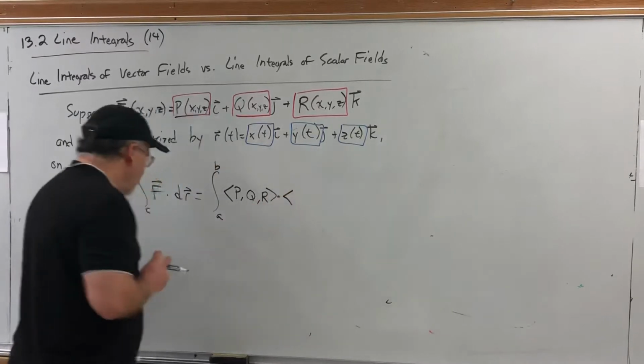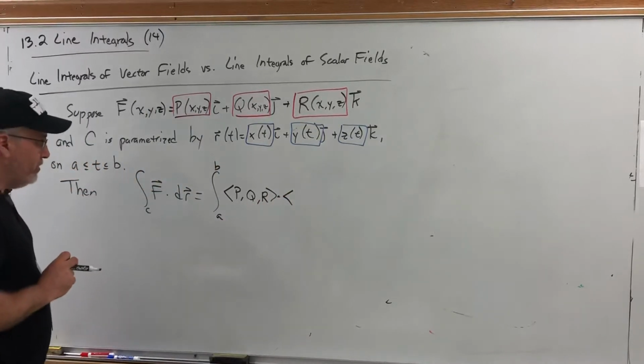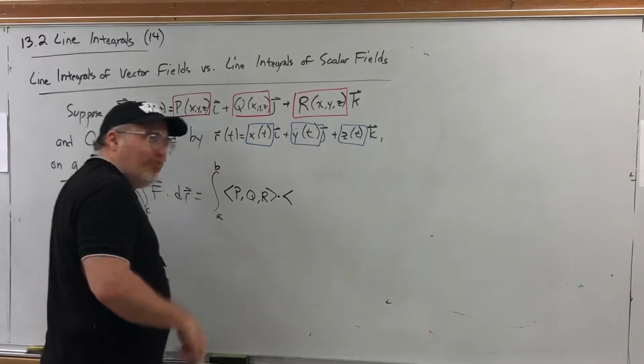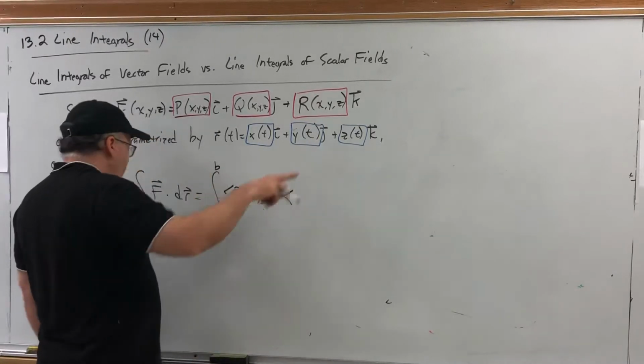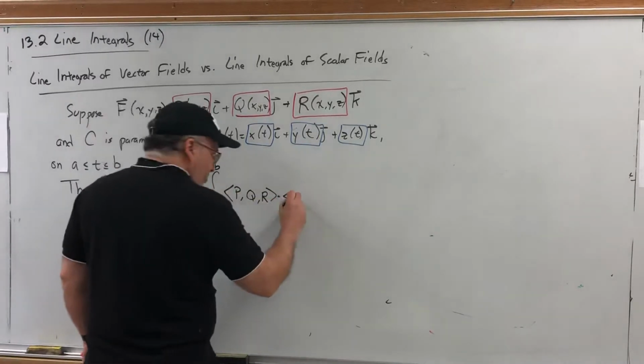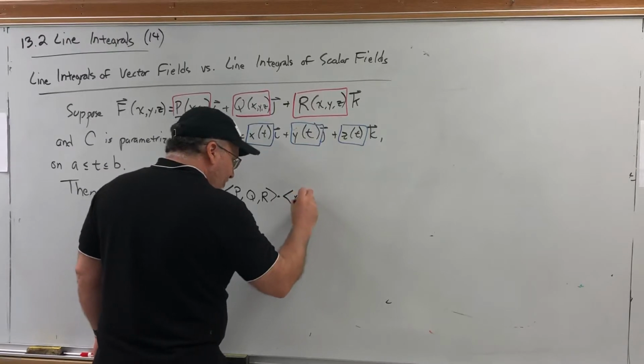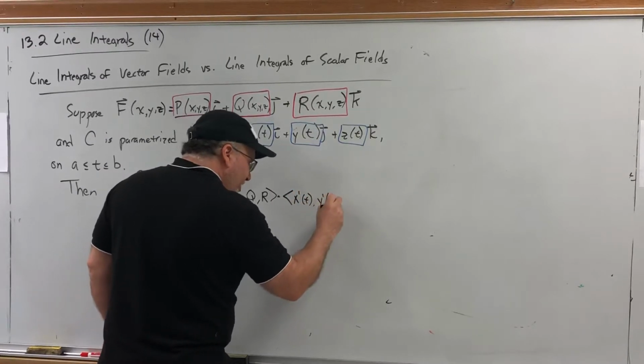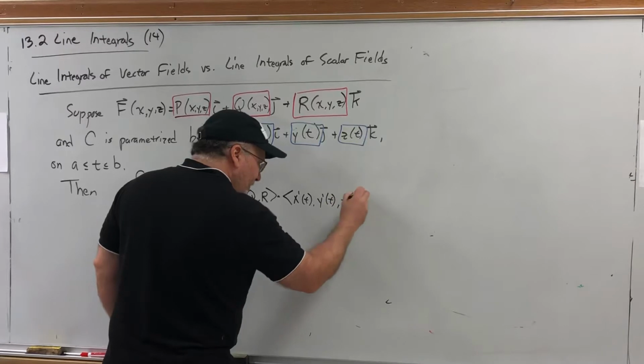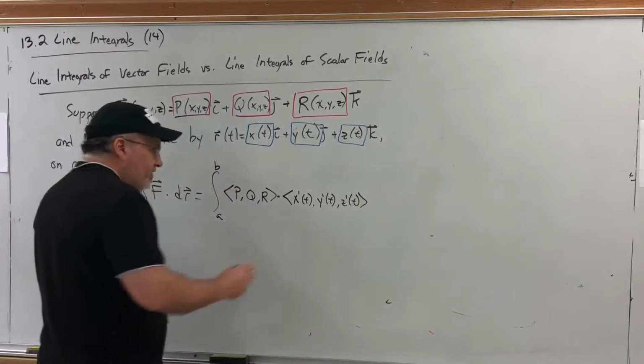Dot, the derivative of the position function. Again, using the pointy parentheses notation, the derivative of the position function is just <x'(t), y'(t), z'(t)> dt.